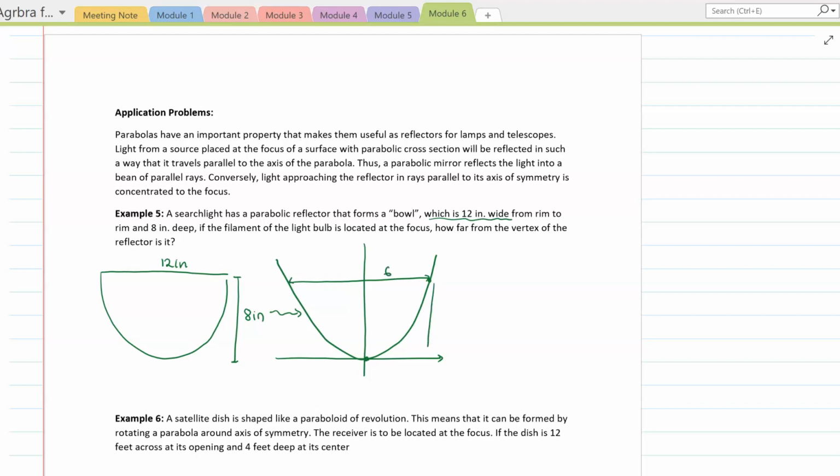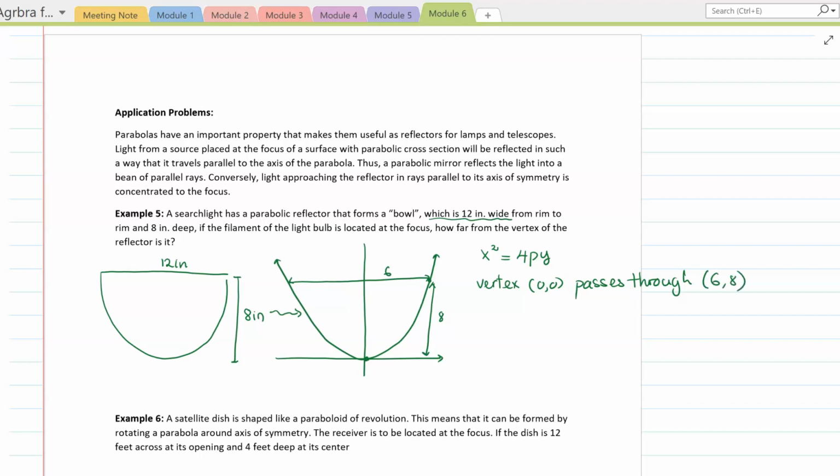And from here to here, that is 8. By looking at this, I know this equation is of the form x squared equals 4py. Think of this as the parabola that has vertex at (0, 0) and passes through the point (6, 8).